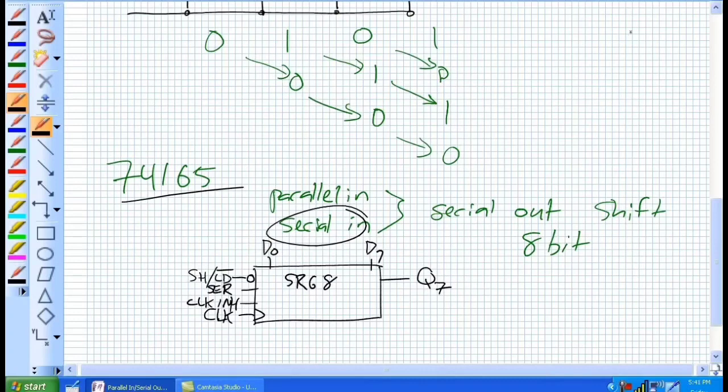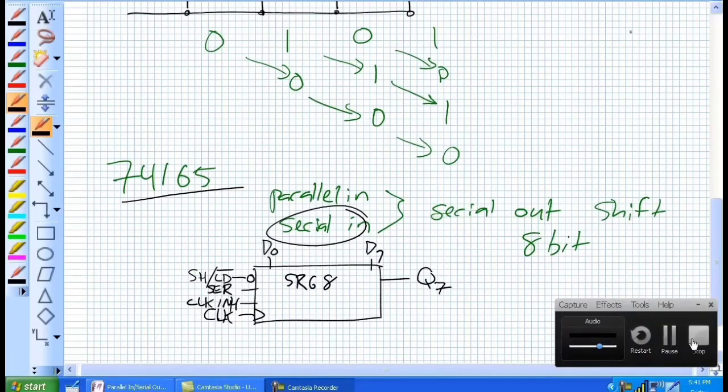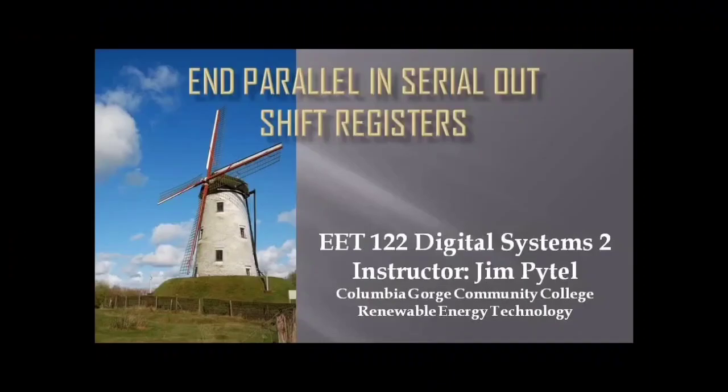Okay, let's talk about our last combo, the serial in, parallel out shift register. A serial in and parallel out shift register is similar to the serial in and serial out shift register, in that it shifts data into internal storage elements and shifts data out of the serial out, data out pin.